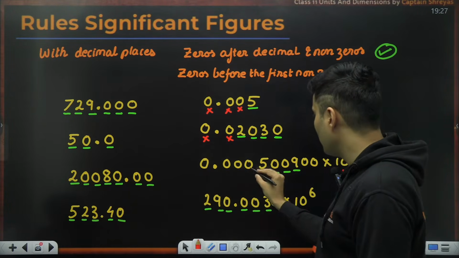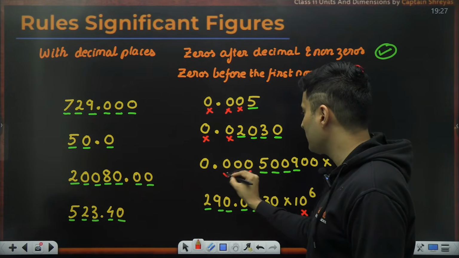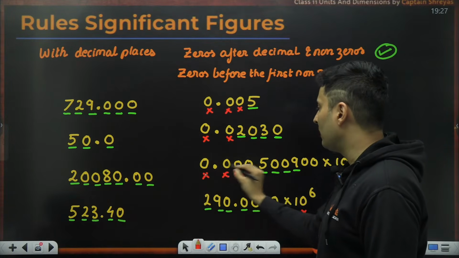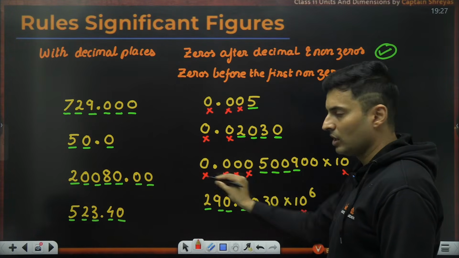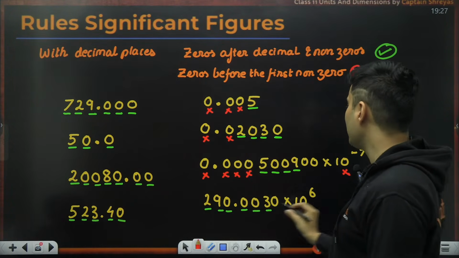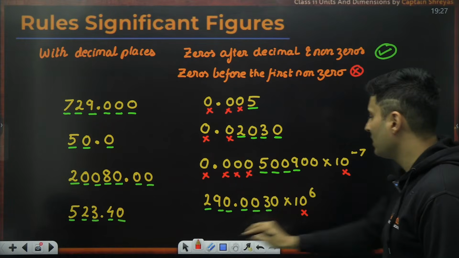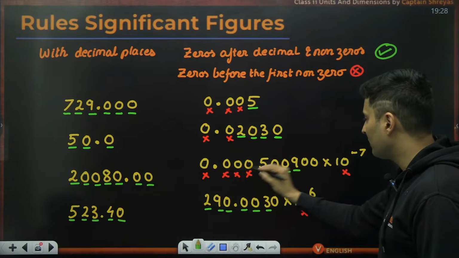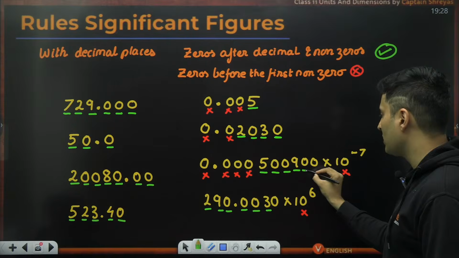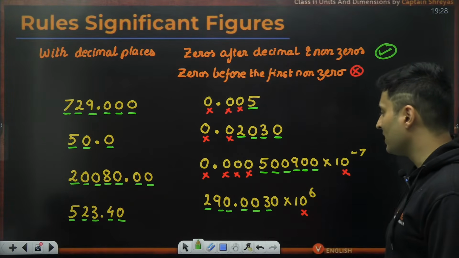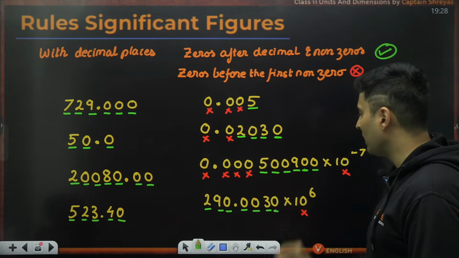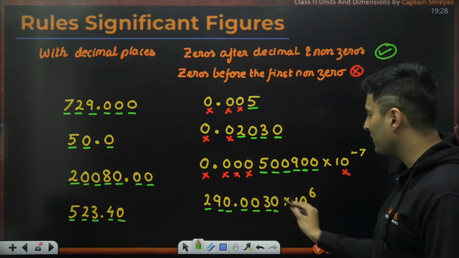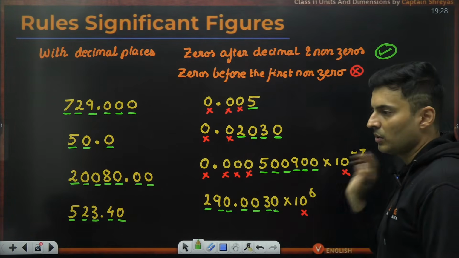As you can see over here, this 0, this 0, this 0, this 0, even though they are after the decimal, are before the first non-zero number, so they are insignificant. But these two zeros, 100%, are after the decimal and after the first non-zero, so they will become significant. Even this 0 will become significant because it is after the decimal and after the non-zero digits.